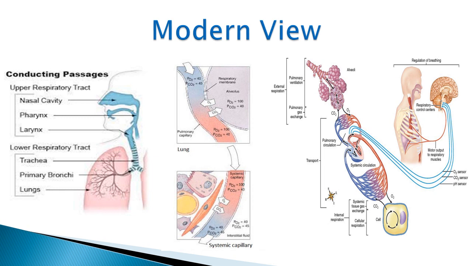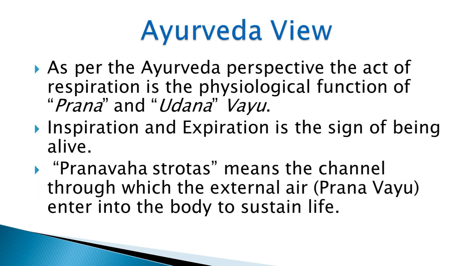Now we come to the Ayurveda perspective on the respiration process. As per Ayurveda, the act of respiration is the physiological function of prana and udana. These two types of vayu are majorly concerned with regulating the inspiration and expiration process.